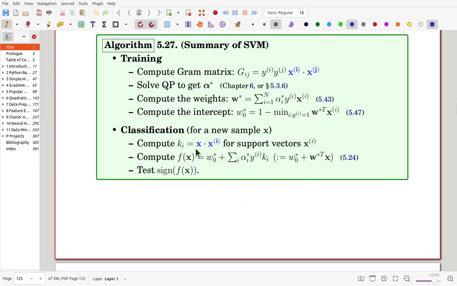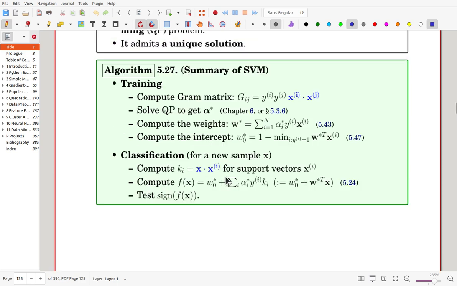And in the test stage also, x dot xi must be replaced with k(x, xi). By replacing these dot products with kernel values, we can solve the problem, so that it can be easily kernelized. Just a simple change.